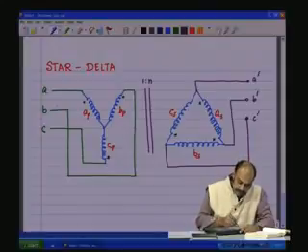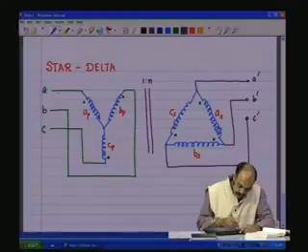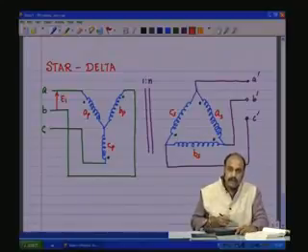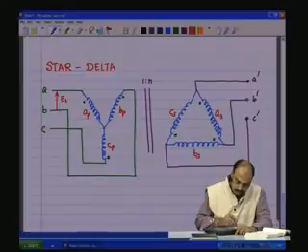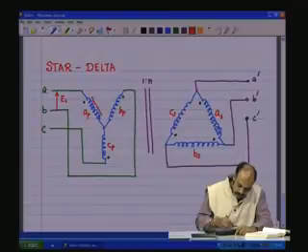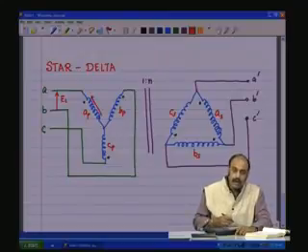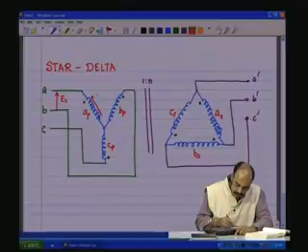So, if we apply a voltage EL on the primary line to line, the phase voltage across the A phase coil is EL by root 3.